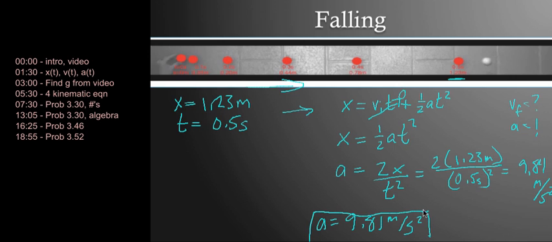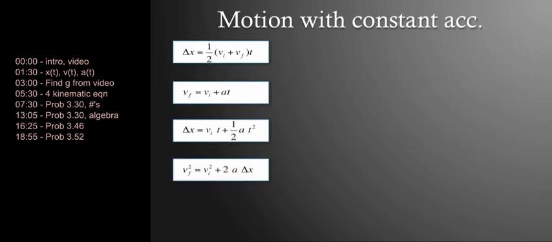But this value that we got, just taking some crude measurements from this video, is still very close to the accepted value. So I'd like to go over one more time these four equations that we talked about in the last lecture that all assume that the acceleration is constant with time.